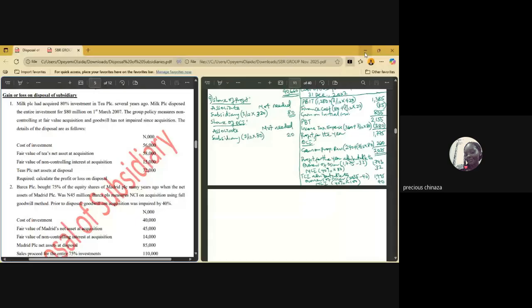The group policy measures non-controlling interest at fair value at acquisition, and goodwill has not been impaired since acquisition. The details of the disposal are as follows: cost of investment, fair value of T's net asset at acquisition, fair value of non-controlling interest at acquisition, T PLC's net asset at disposal. All figures are assumed to be correct. Required. Calculate the profit or loss on disposal.